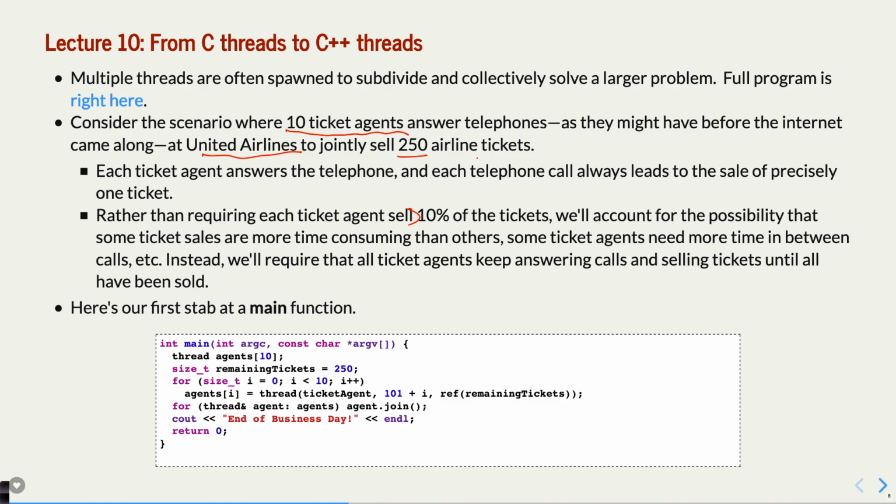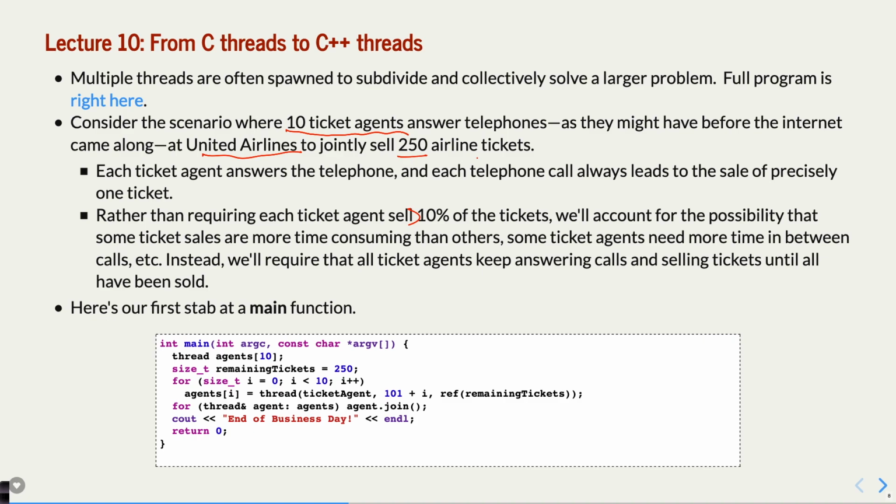So we don't want to limit the actual number of tickets to 10% for each agent. We don't want to do that specifically so that we can allow them to do it a little more effectively. So what we might do is something like this.